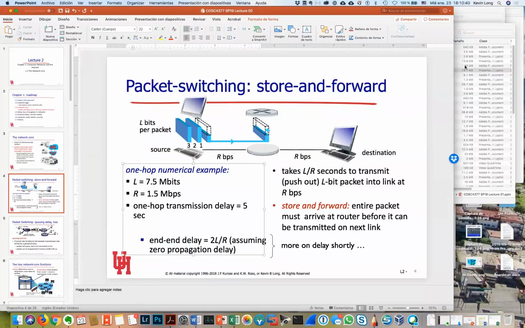But there's also heavy-duty router security between routers with sometimes physical path separation and some things like that.